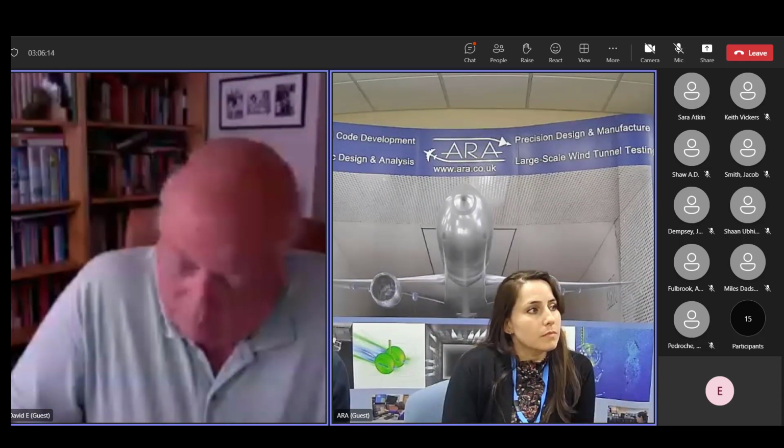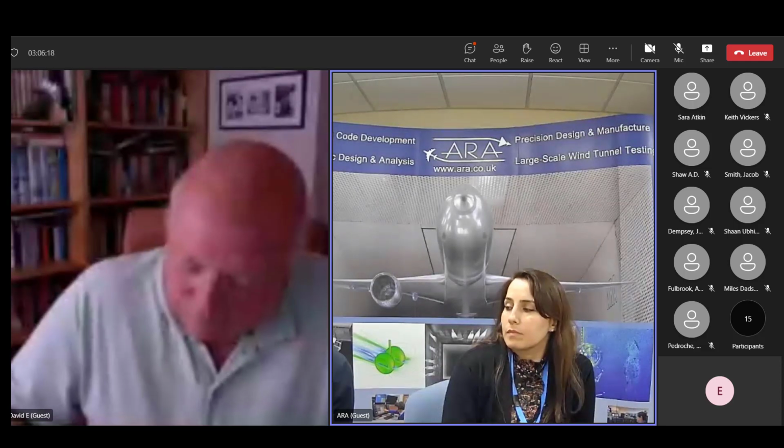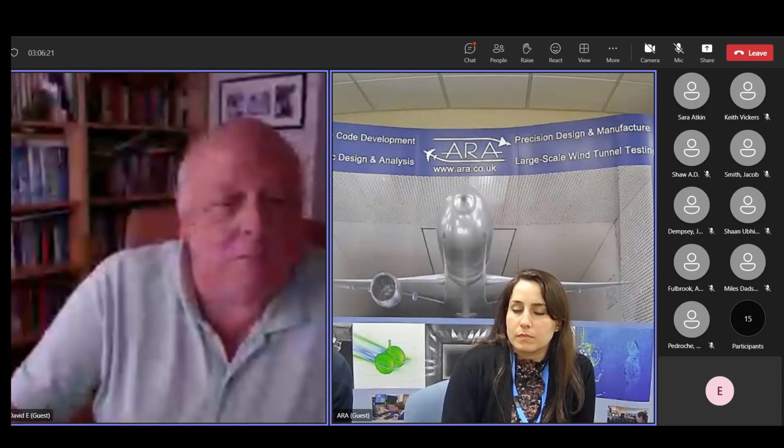It was all one structure that was measured. You could measure loads on the pylon separately, but that would add another level of complexity, so we tried to keep it simple by just measuring loads on the whole thing.